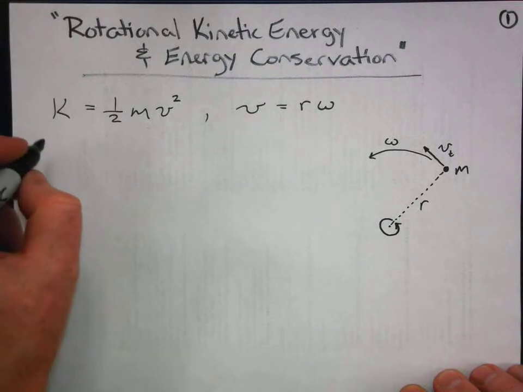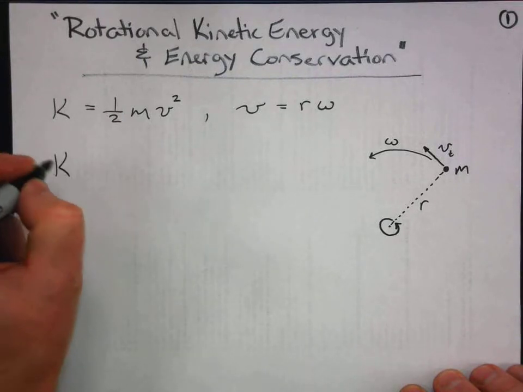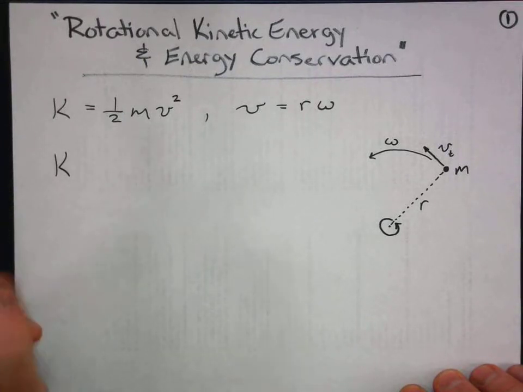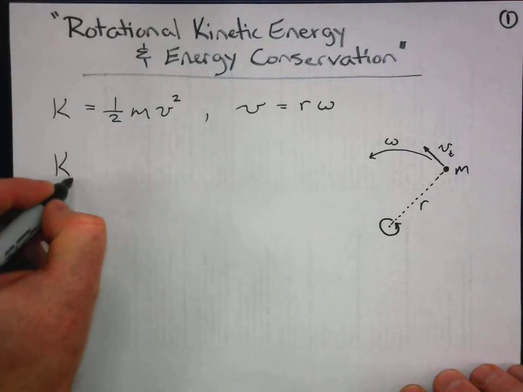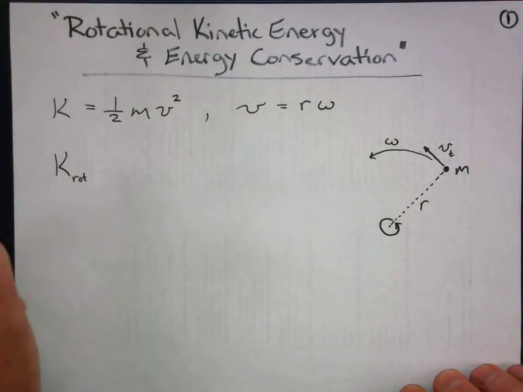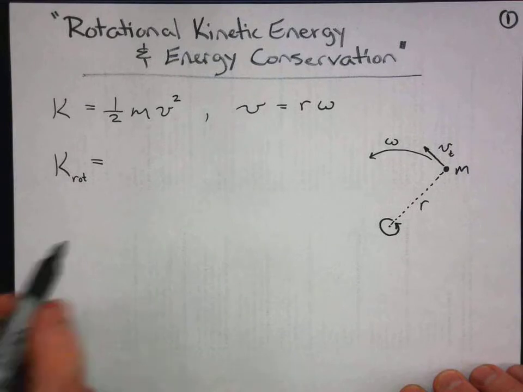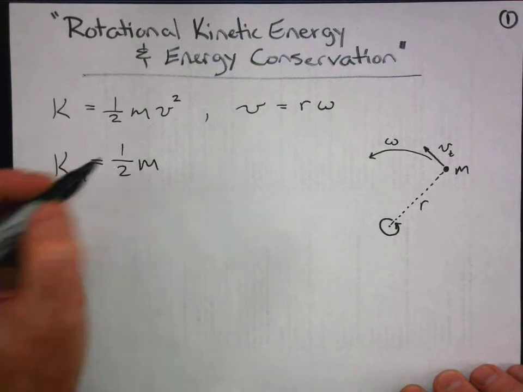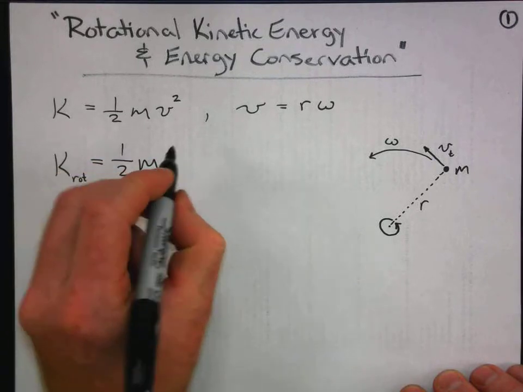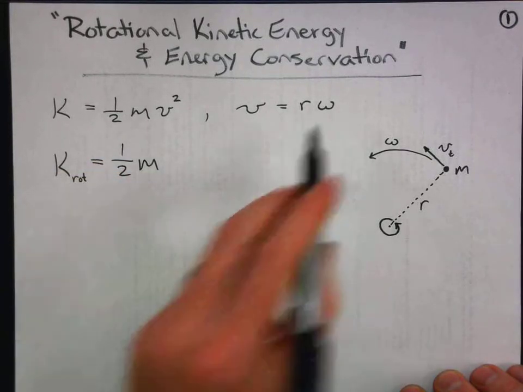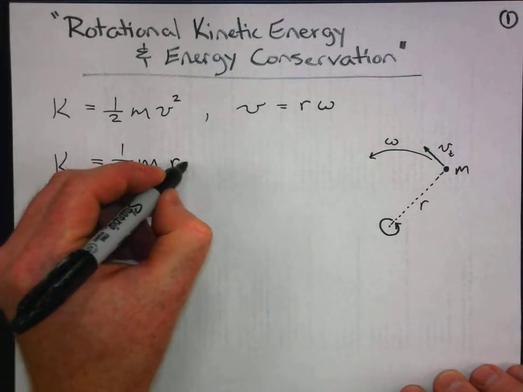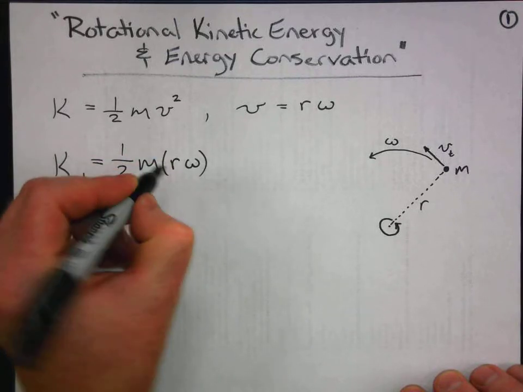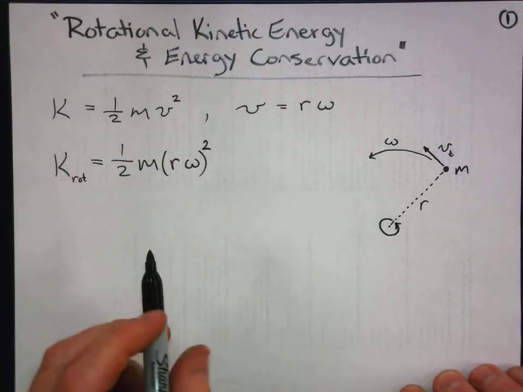What we can do is say that the kinetic energy of the rotation, or the rotational kinetic energy, or angular kinetic energy if you like, is just 1/2 mass times, well, instead of a v, we're going to substitute r omega. And that quantity is squared.